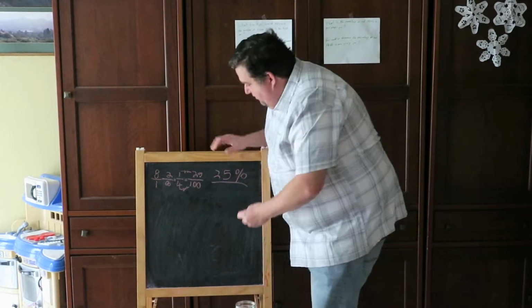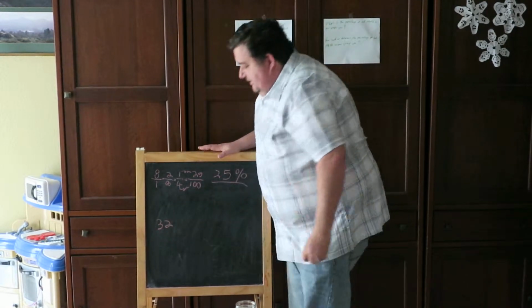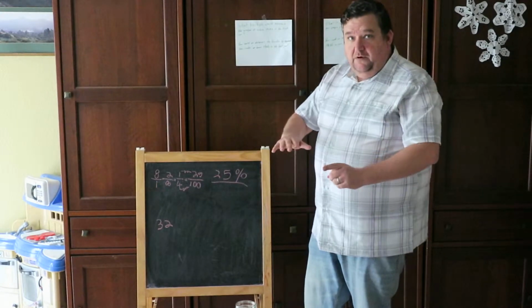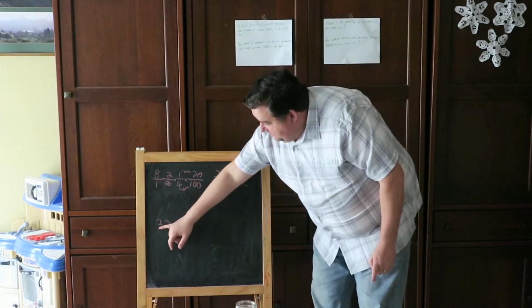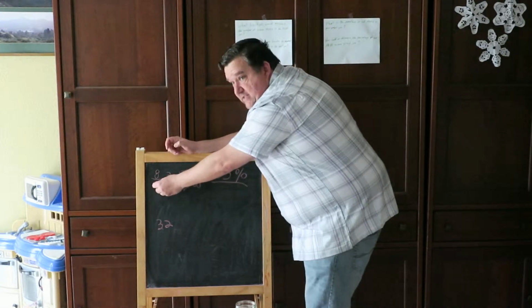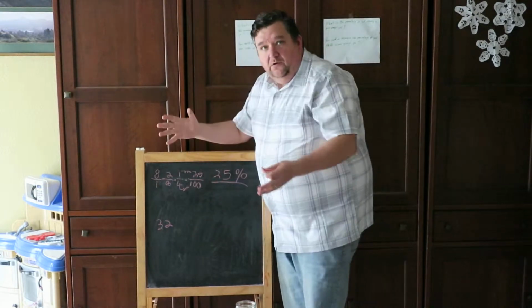So we know we started out with 32. That is our total number. It would also be our bottom number in a fraction because it's the total, like we had one pizza and there were 8 parts of one pizza. So we have 32, the whole number of M&Ms.